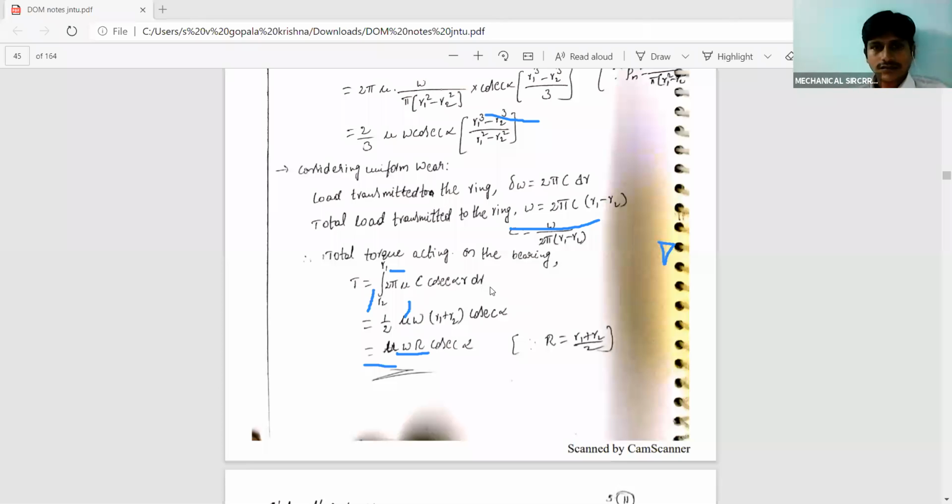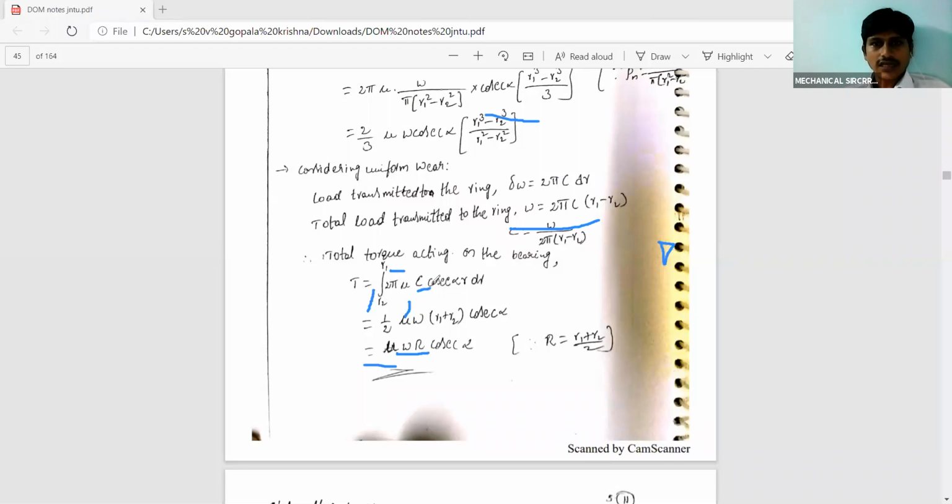Before going further, we replace c with its value, c equals w by 2 pi (r1 minus r2). What are the common terms?